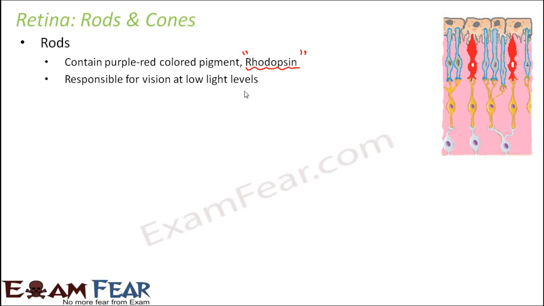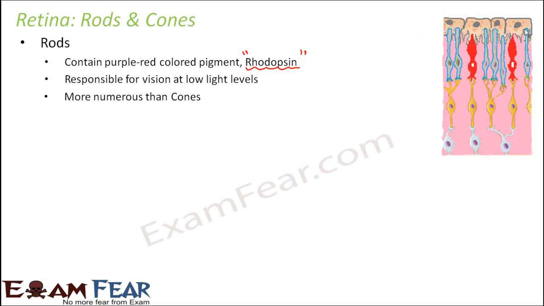Therefore rods help in seeing in dim light. Sometimes the light is very low, it is very dim, with less availability of light, and at that time also we are able to view things. That vision comes due to the presence of rods and the pigment rhodopsin. Rods are more numerous than cones, so more rods are present than cones.